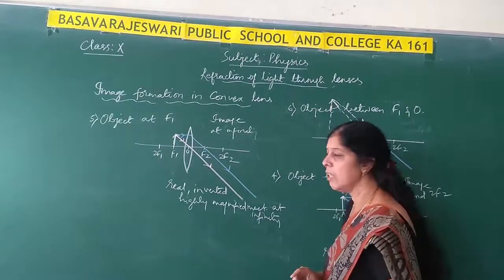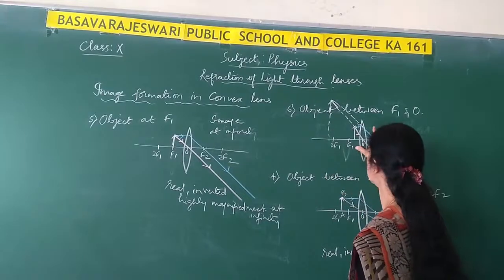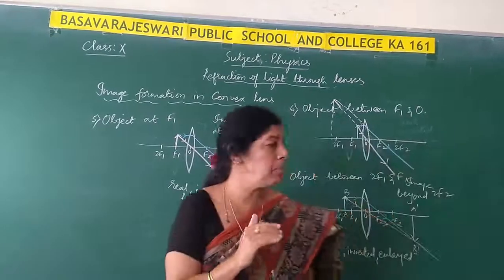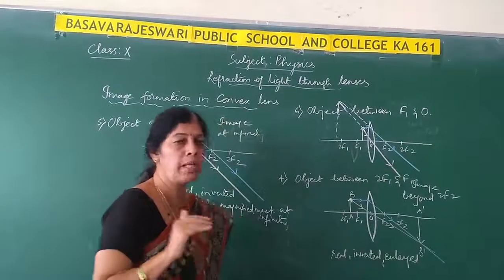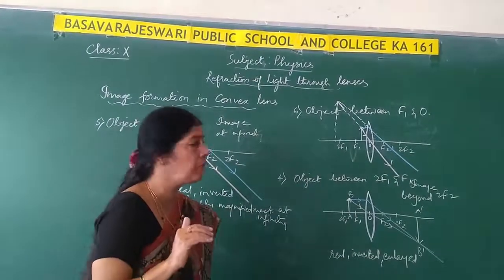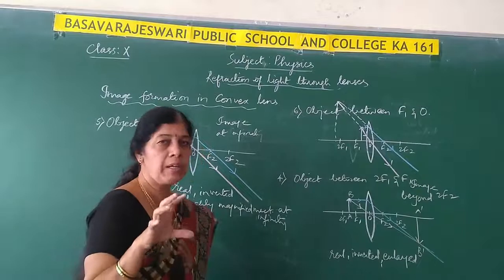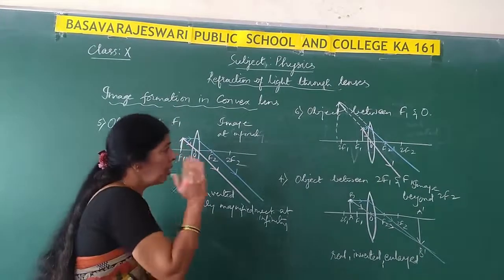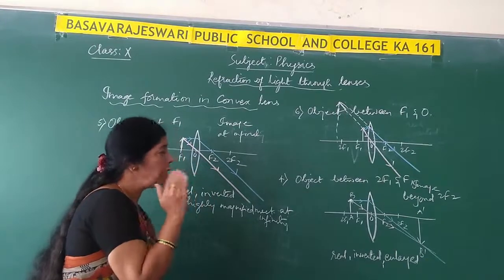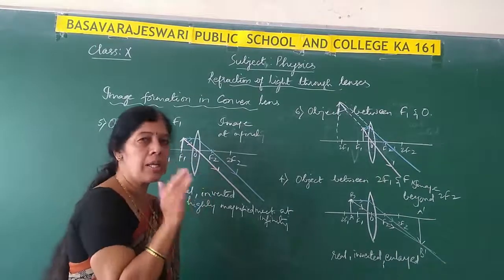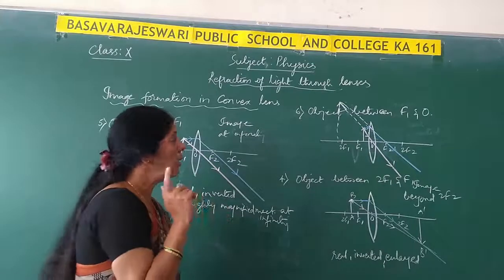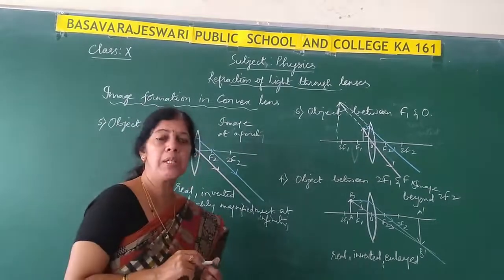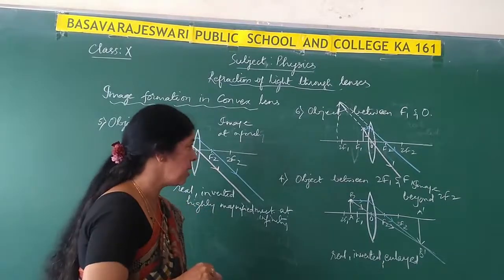Where will the image be formed? So here, in this case of a convex lens, when you place the object between F1 and O, that is the principal focus and optic center of the lens, the refracted rays will diverge. What you have to do is produce both the rays backwards till they meet. There the image will be formed, and that image must be shown with a dotted line, because the image formed is a virtual image in this case.